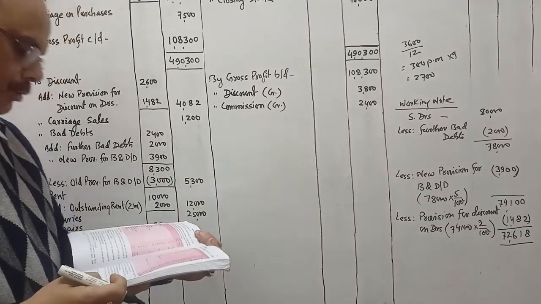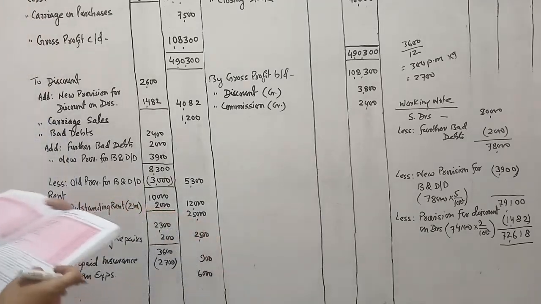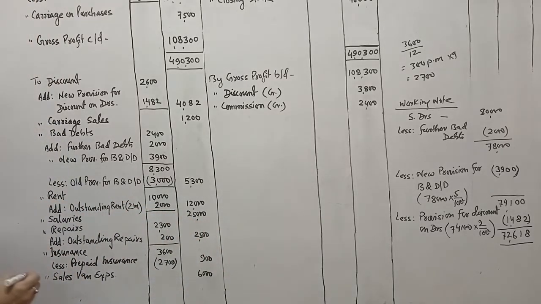Number 2, depreciation on furniture. Depreciation on 2 items: one is on furniture and another is on the motor van, the sales van.